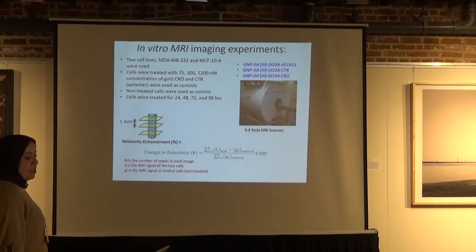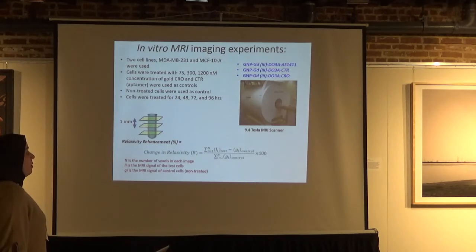For the MRI imaging experiment, we used two cell lines: triple negative breast cancer cells, MDA-MB-231, and normal mammary epithelial cells, MCF10A. We treated the cells with three complexes composed of gold nanoparticles, gadolinium, and ES1411, CTR, or PRO.